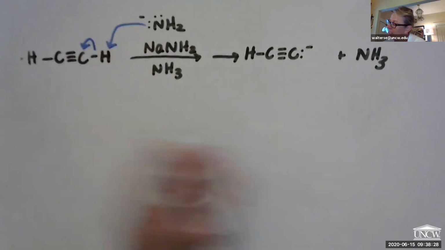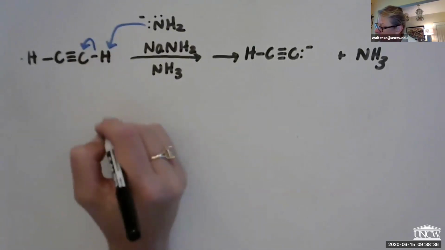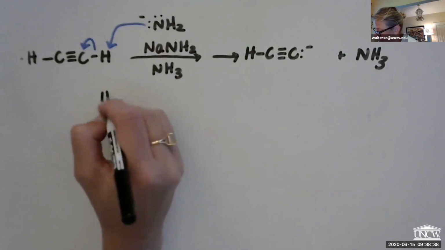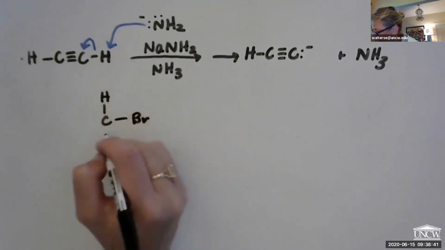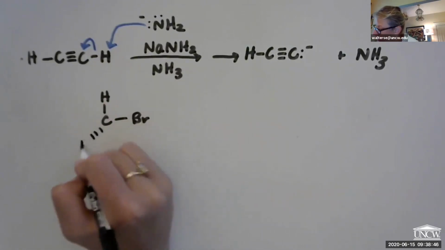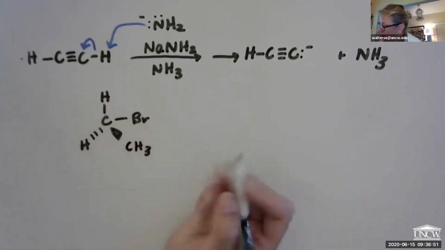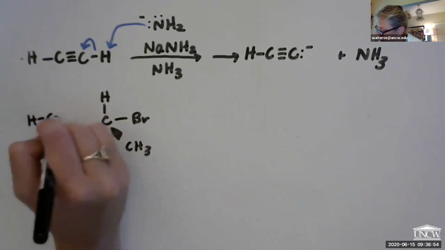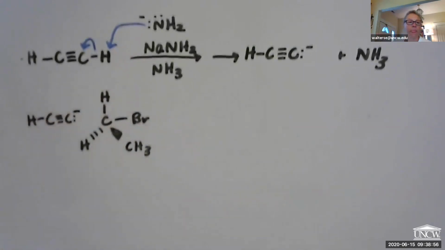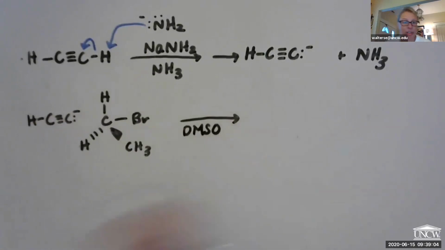Now, let's say you have your acetylide anion, and you have a primary alkyl halide. In the presence of this compound, you put this reaction in DMSO.